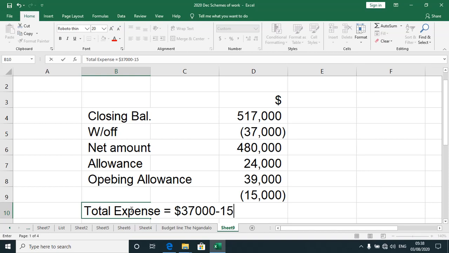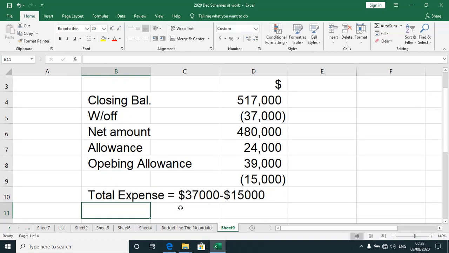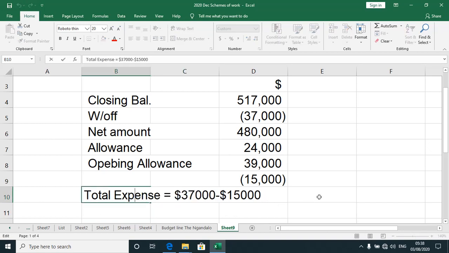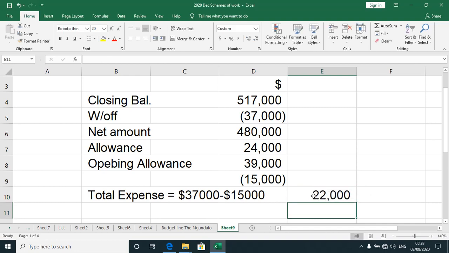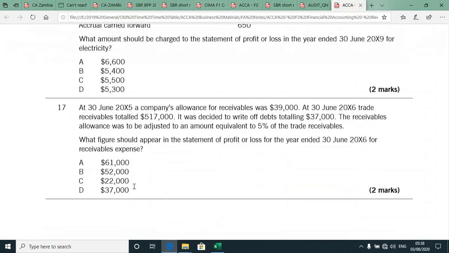Remember, this is treated as other income minus the reduction in allowance, which is that much. That gives us how much? Let me just try to do some bit of work here. That is 22,000. Hope that that's what we have on the other side. So I've got that 22,000.